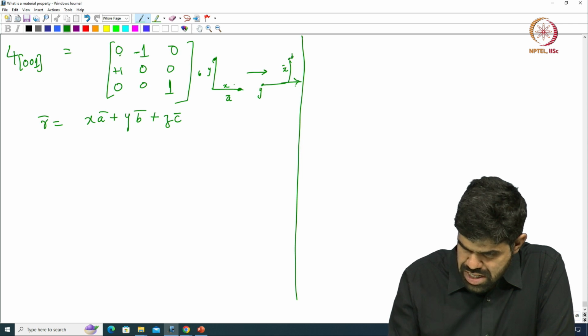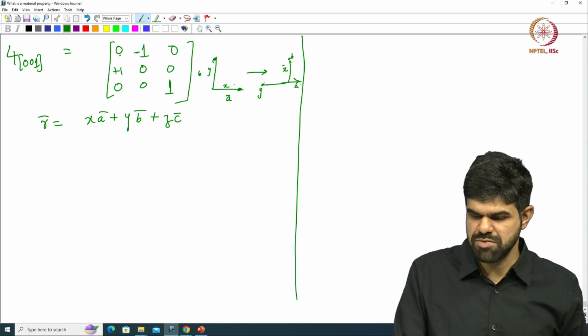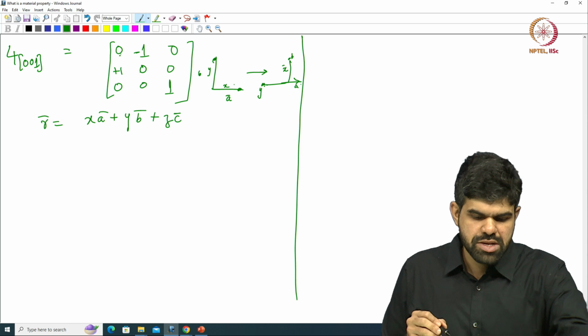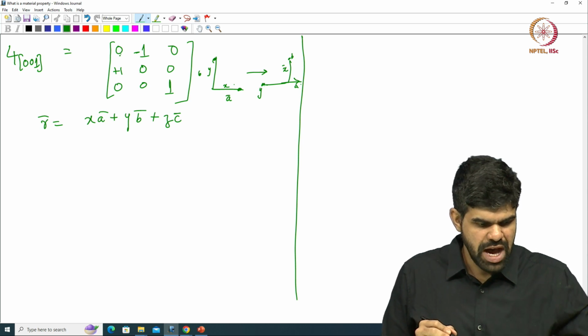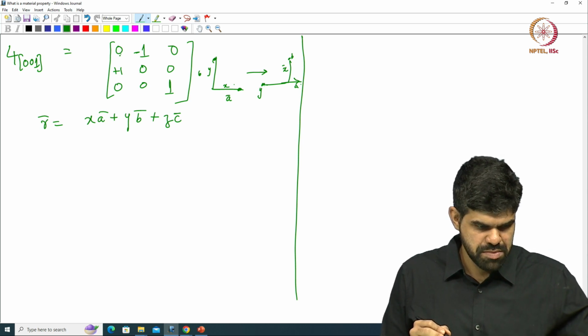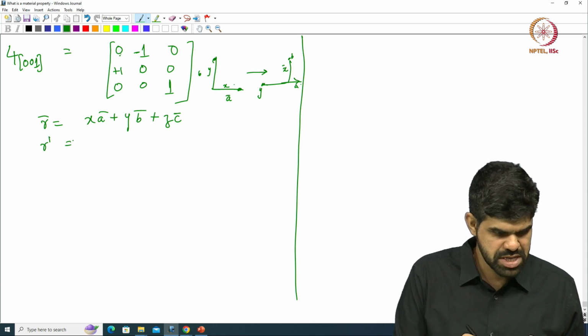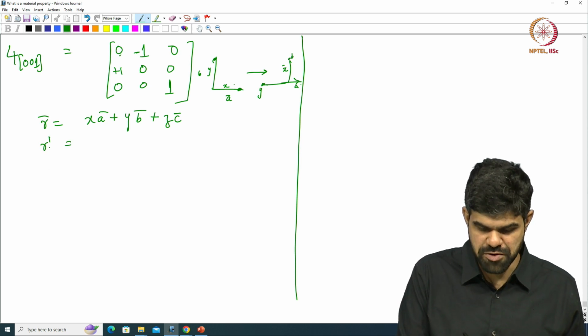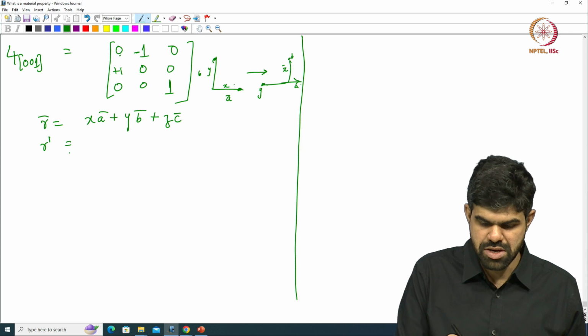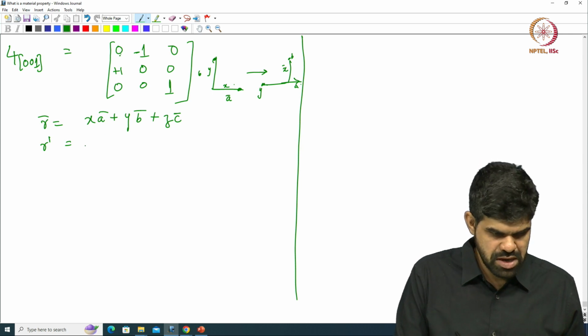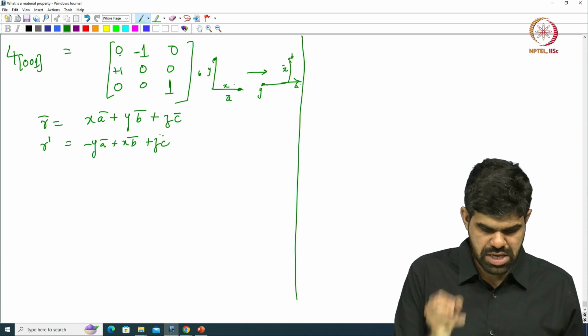So, this is the a axis. Okay. So, that is my transformation. Okay. So, now if R is x a plus y b plus z c, then R prime, which is after one four-fold rotation, will be minus y a plus x b plus z c, right.